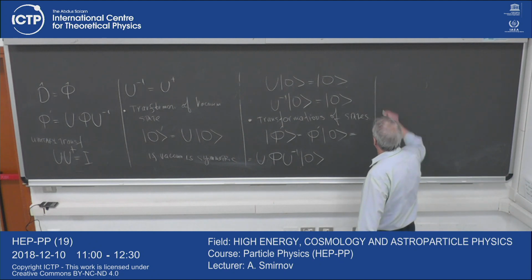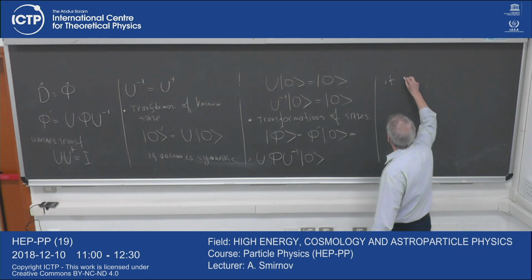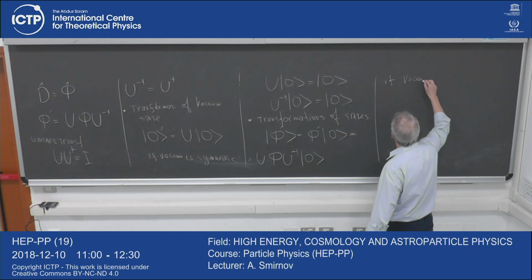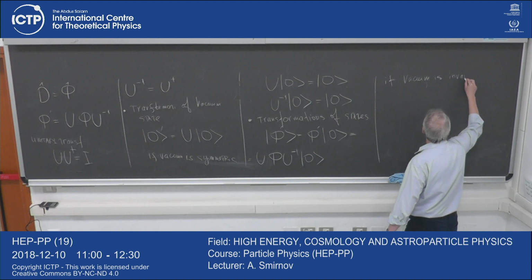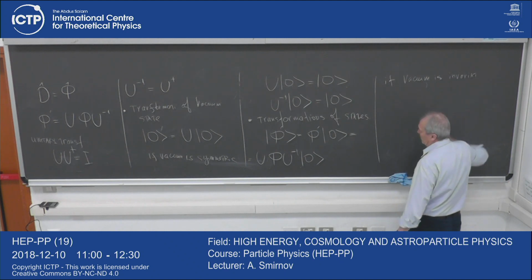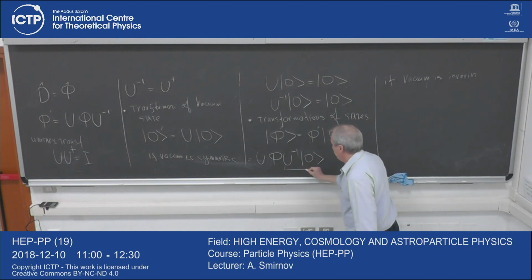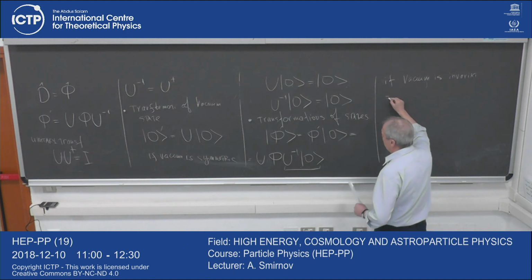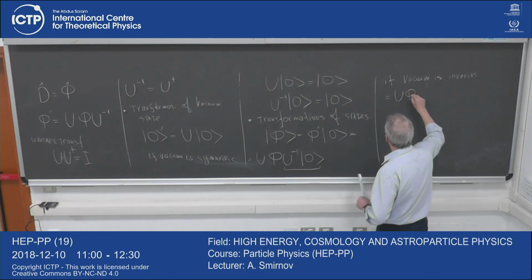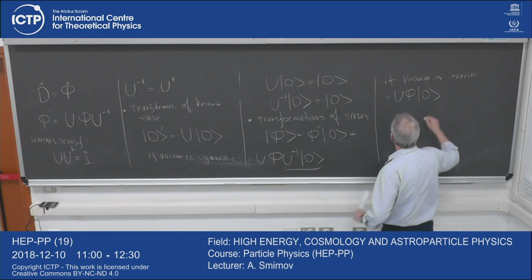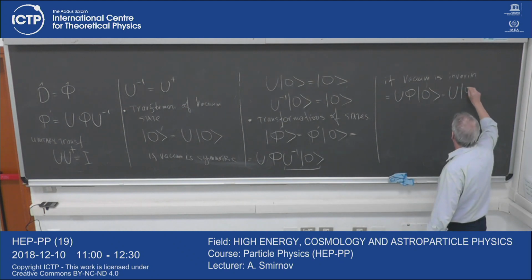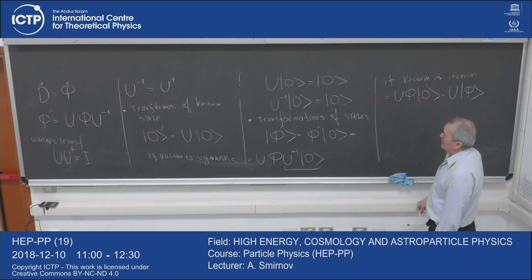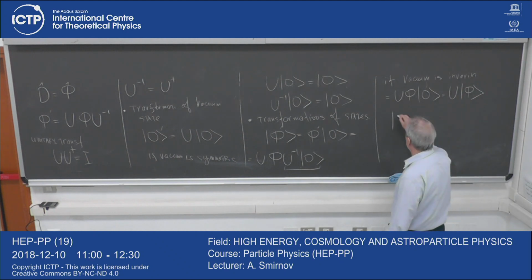Now, and this is important, if vacuum is invariant, then this is again vacuum state, and therefore what I will have here is U, F on vacuum, and this is U acting on F.